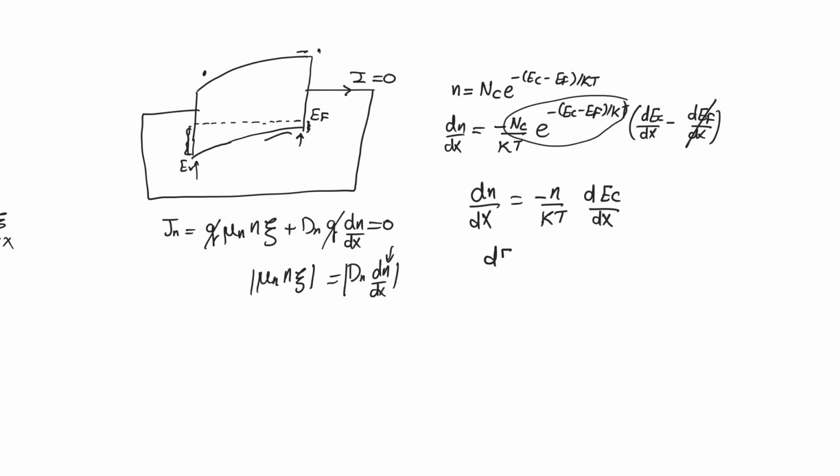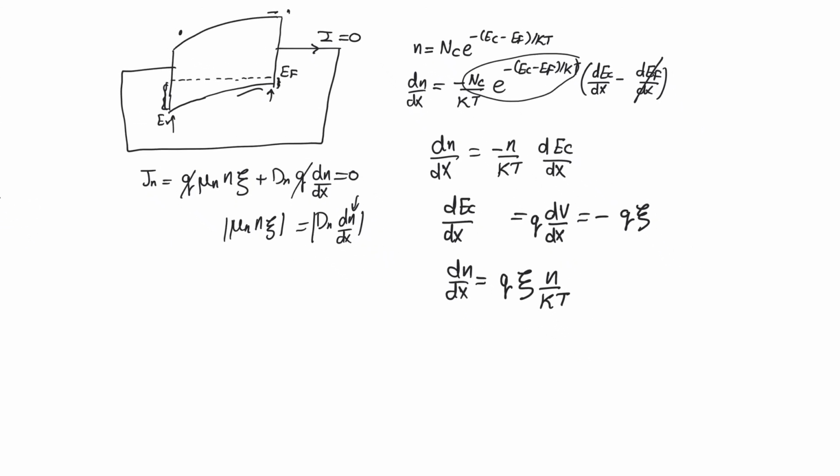And so dEc/dx and dV/dx, the change of potential across the material, are related to each other by a charge q, right? And dV/dx is equal to minus the electric field. And so dEc/dx is minus q times the electric field. And so dn/dx is equal to q times the electric field times n over kT. So that's basically what we end up with.